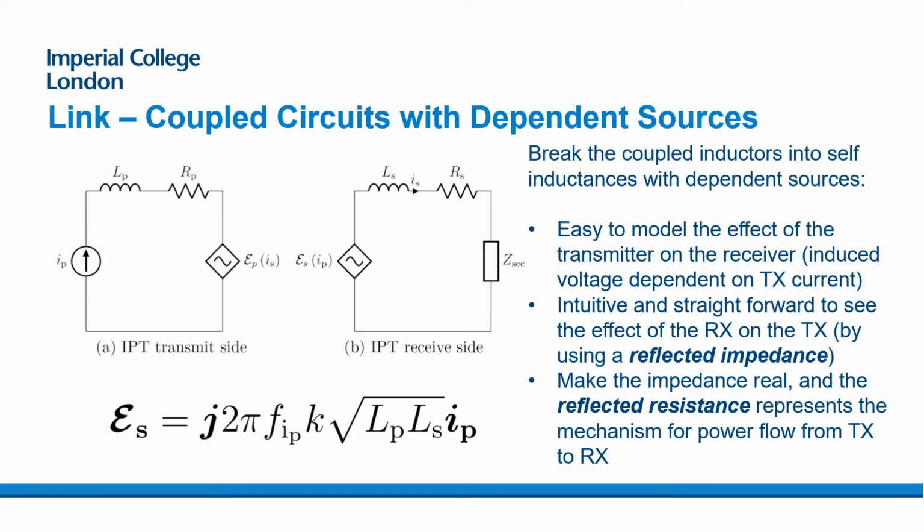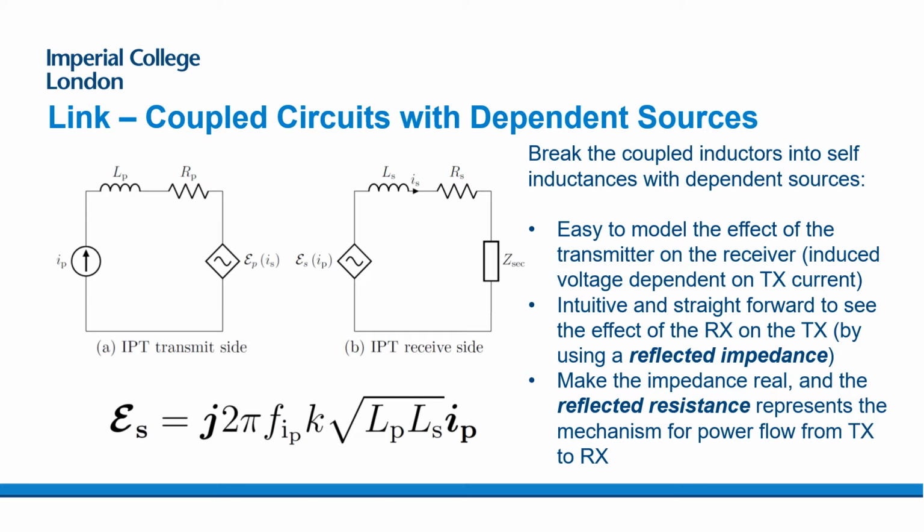In other words, epsilon P as a function of IS here on the transmit side can be modeled as an impedance, and that impedance is present because I've brought the receive side up to the transmit side and I'm coupling power across. The voltage induced on the primary by current flowing in the secondary looks like an impedance introduced into the primary side circuit, and consequently that is a mechanism by which I'm transferring power out of the primary side into the secondary side.